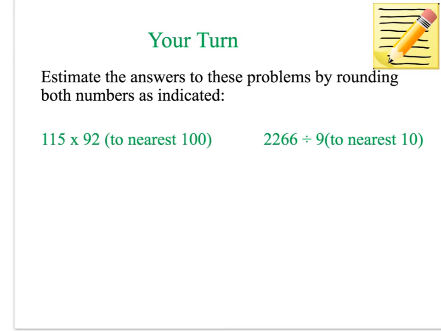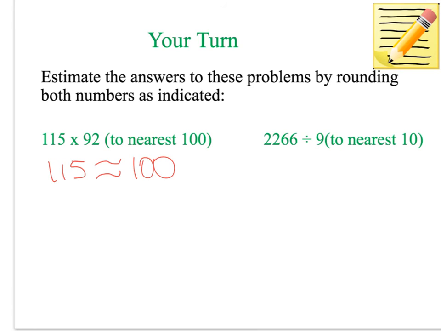Now, we're also going to look at estimating the answers to the problem by rounding both numbers to the nearest 100 or nearest 1,000, nearest 10. So I'll do this first example for you. So we're going to round both numbers to the nearest 100. So 115 to the nearest 100, so it's approximately equal to, we're rounding it to 100, so we're looking at the next number, which is a 1. So we're rounding it to 100.